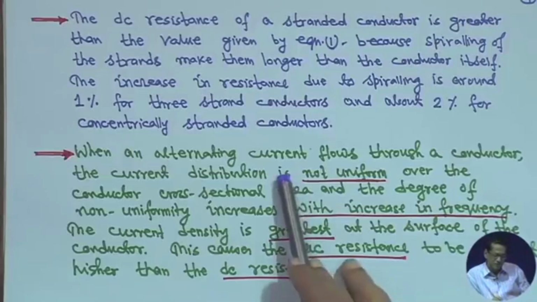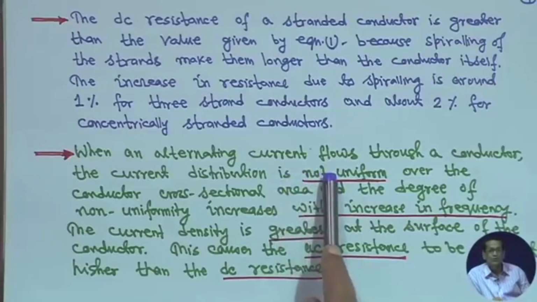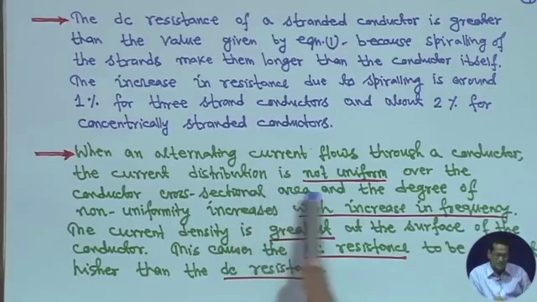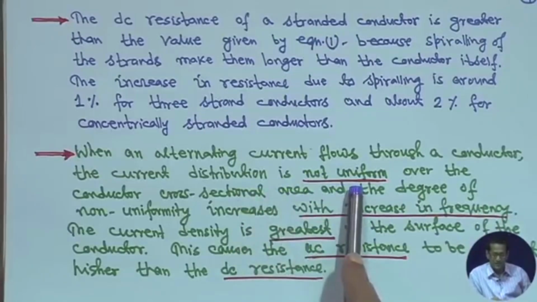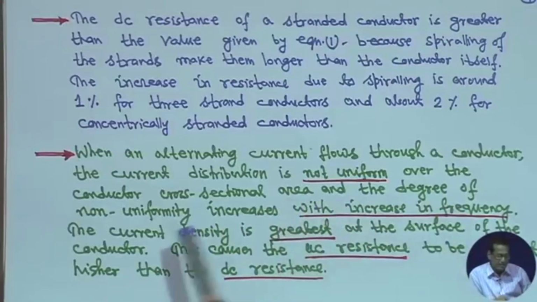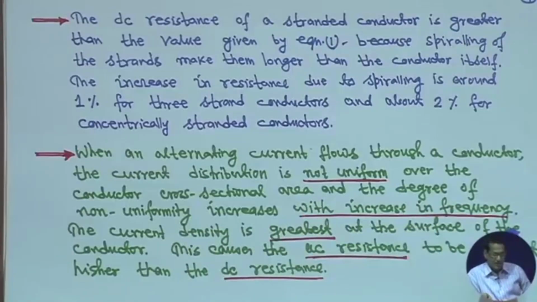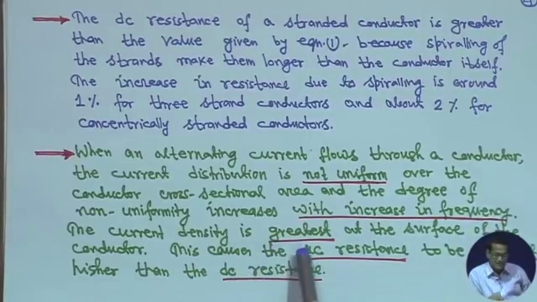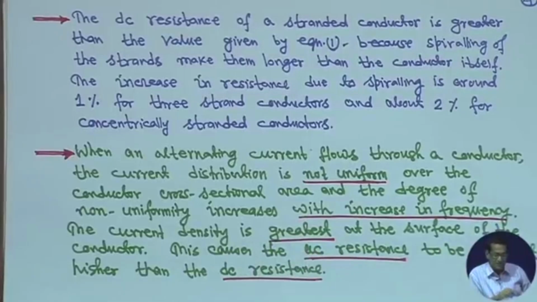But when alternating current flows through a conductor, the current distribution is not uniform over the conductor cross sectional area, and the degree of non-uniformity increases with increase in frequency, and this we will see later on when we study inductance, right. The current density is greatest at the surface of the conductor.